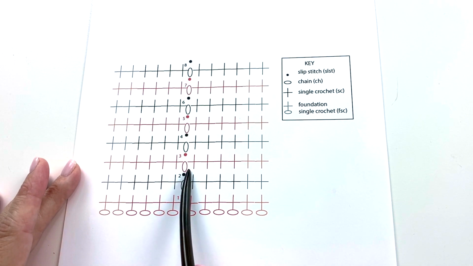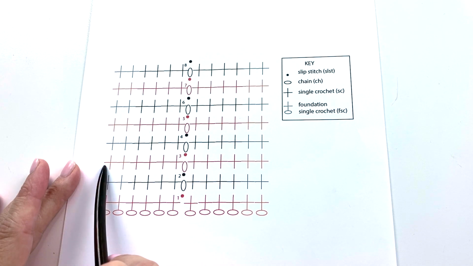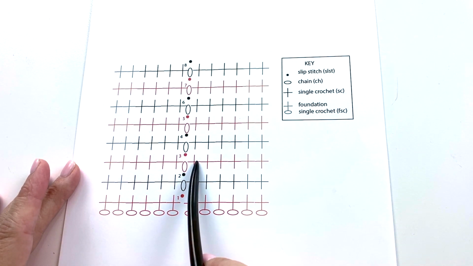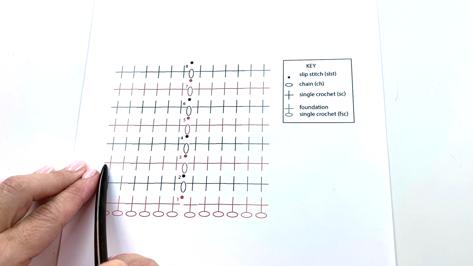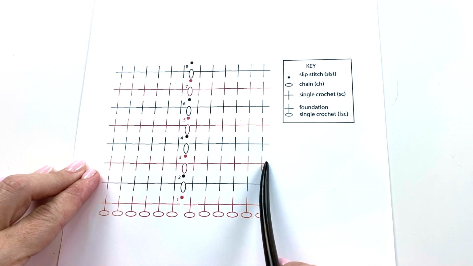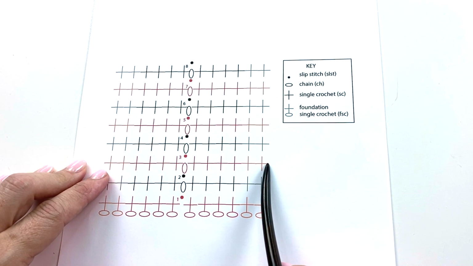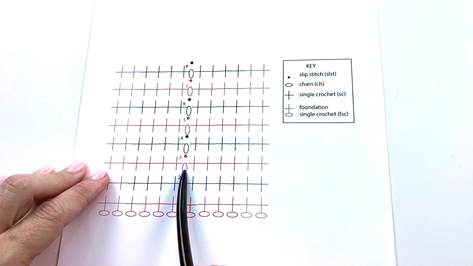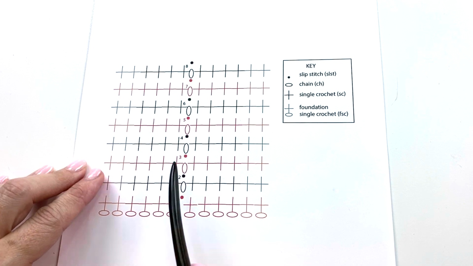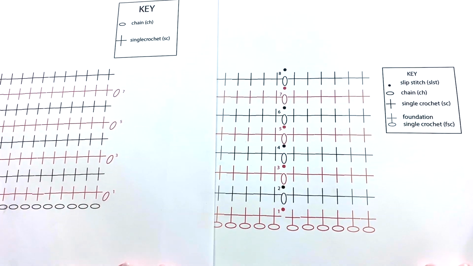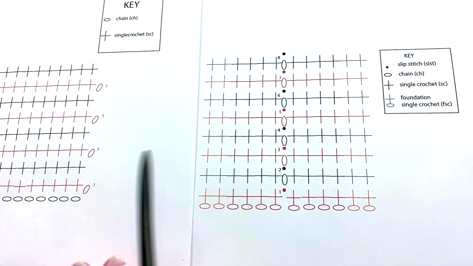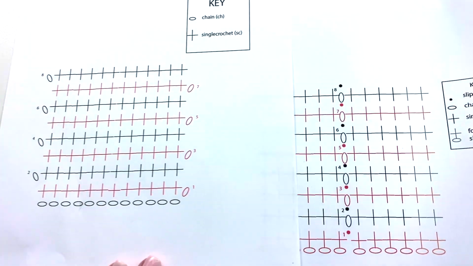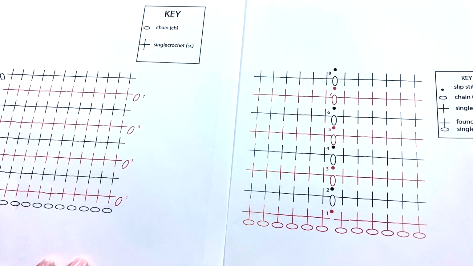Notice for round 3 we change color again, so it's chain 1, single crochet in each stitch around, and we know to finish up here and come back and look at this side because of those faded stitches on each end of the round, and slip stitch to join the first stitch at the beginning of the round. So again, side by side, this is single crochet worked in rows and single crochet worked in rounds.